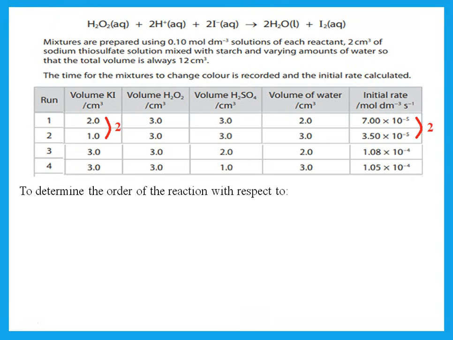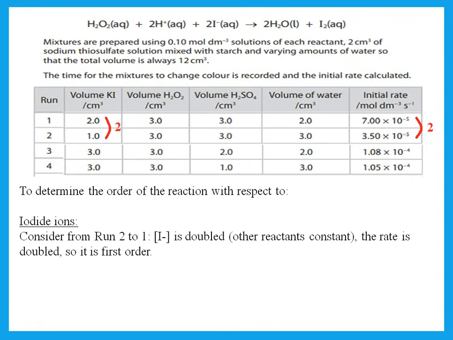So experiment 1 and 2, or run 1 and 2, what is happening to the iodide from 2 to 1? It is doubling. And from 2 to 1, what happened to the rate? It also doubled.